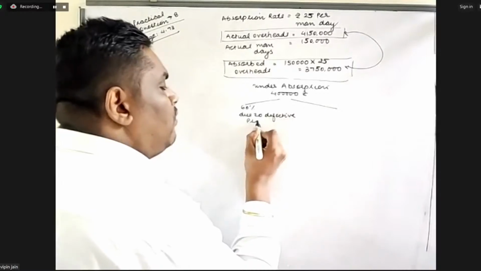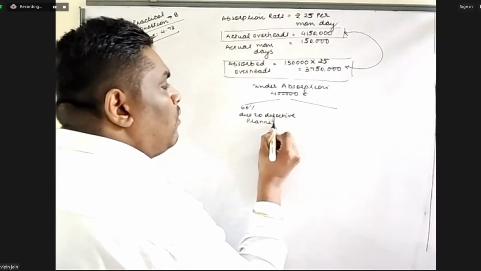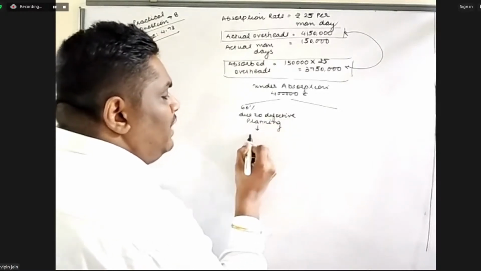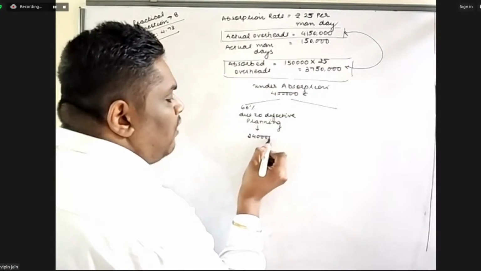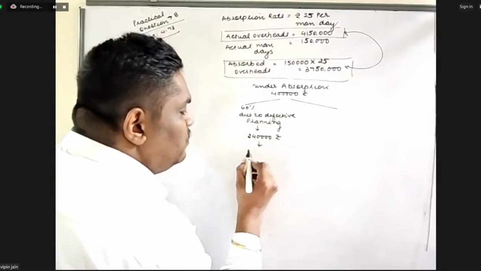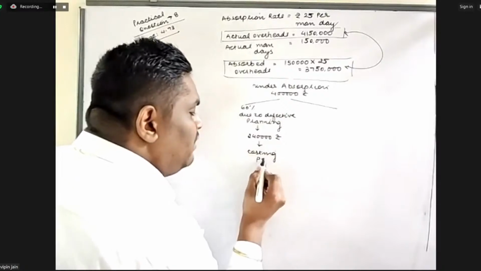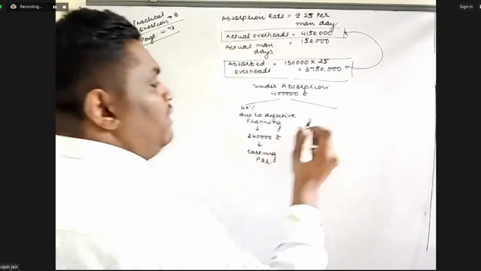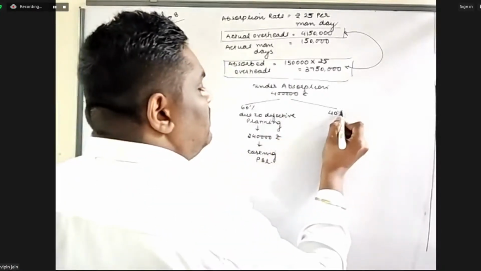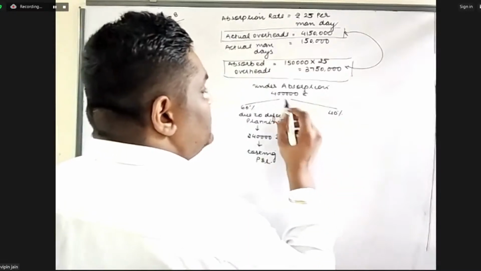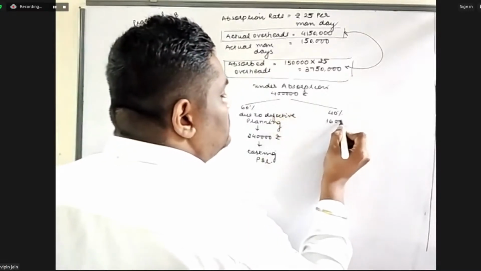That is 2,40,000 rupees. It is to be transferred to costing P&L. Now the remaining 40%, that is how much? 1,60,000.